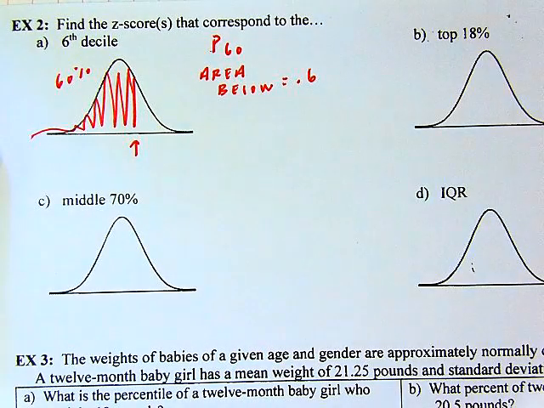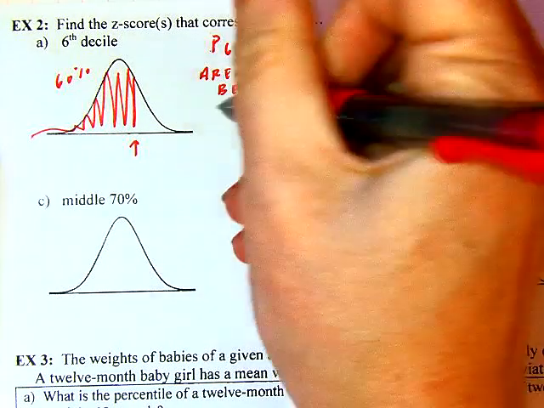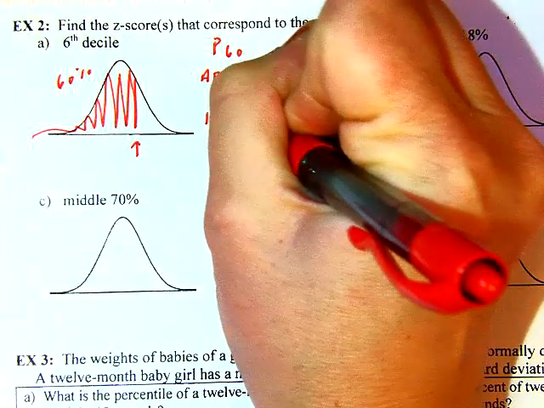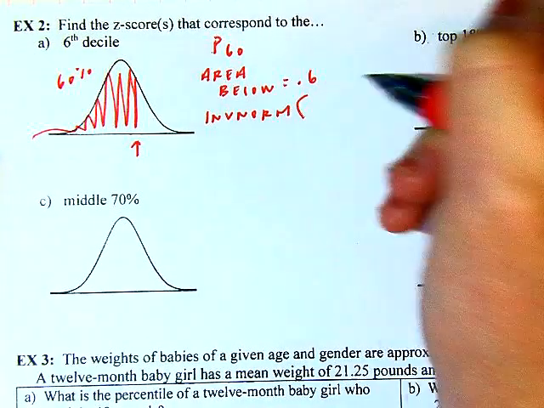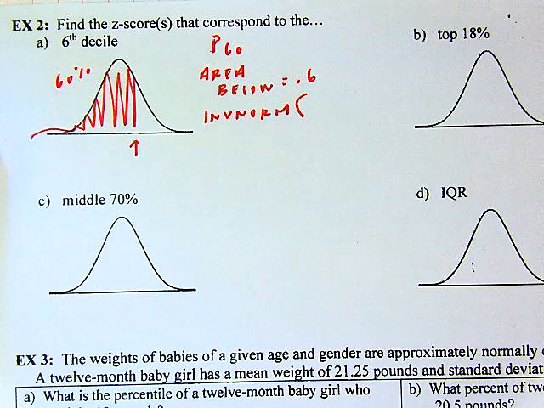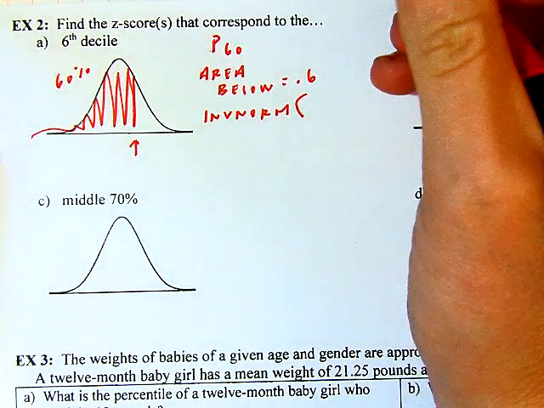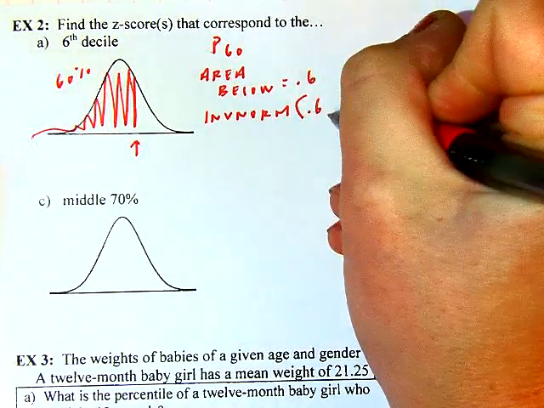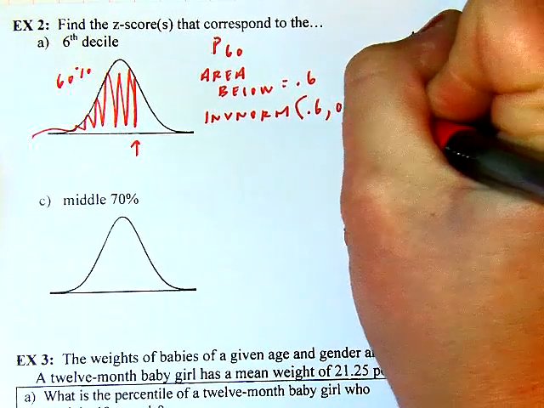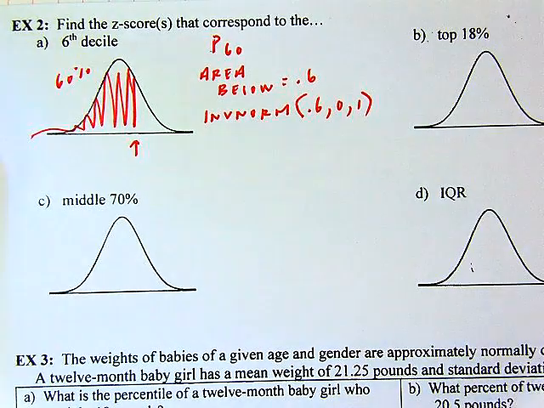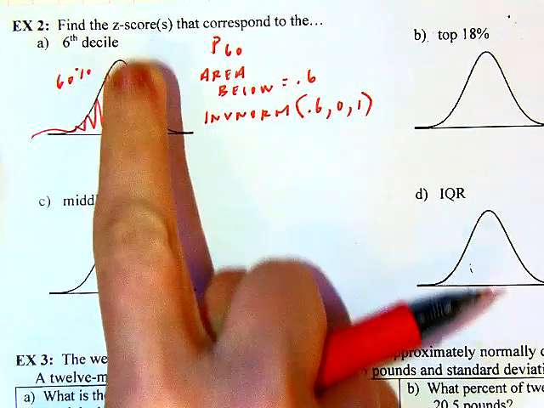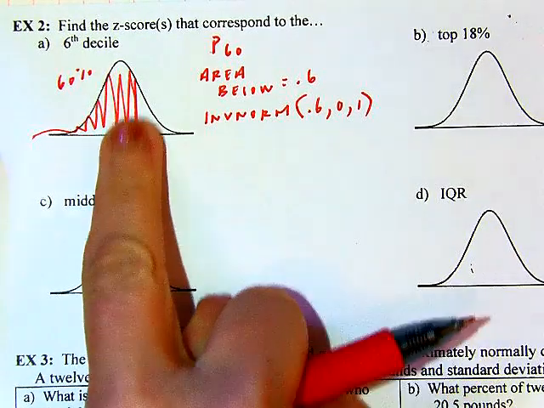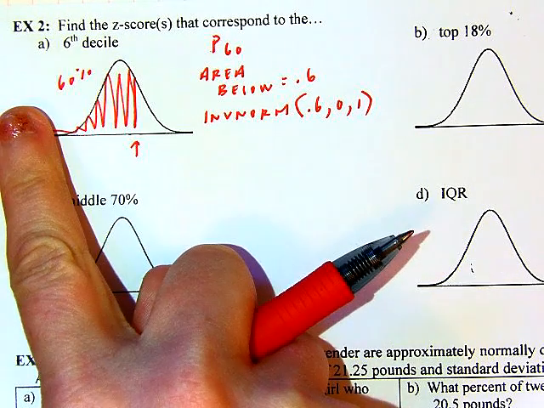So when I type this in, I'm going to say inverse norm. I'm going to tell it the proportion that's in that lower left-hand tail. The proportion below is 0.6. I'm going to give it the mean of 0, the standard deviation of 1, because I'm asked for the z-score. And it's going to pump out the z-score that corresponds to this proportion below.